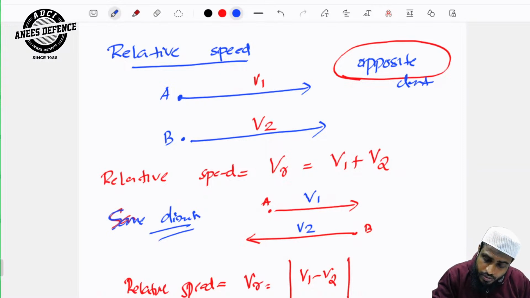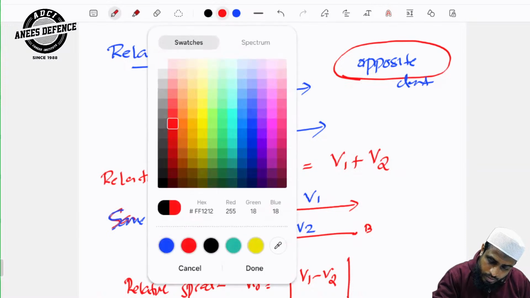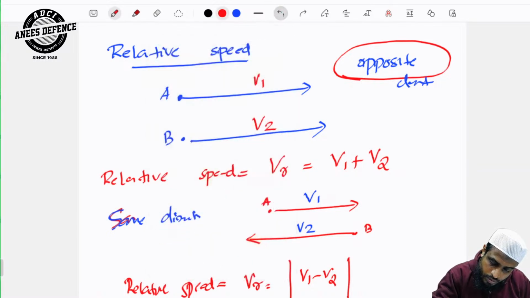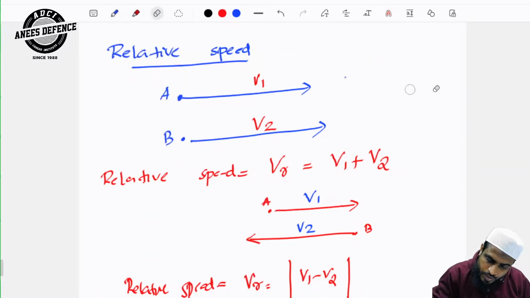Actually, for relative speed, the same direction we have to consider here. Oh, the formula written is wrong.